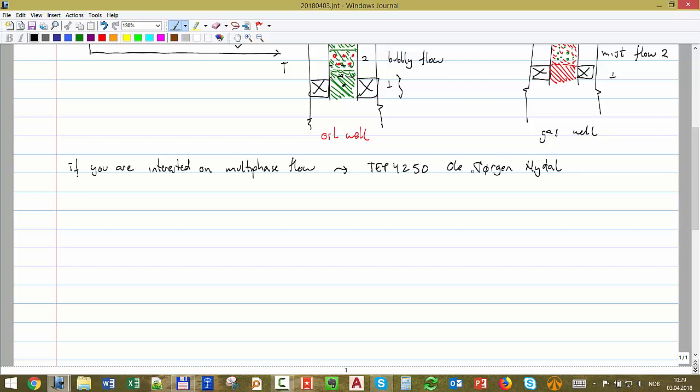Then you can get more information if you are really passionate about multi-phase flow.